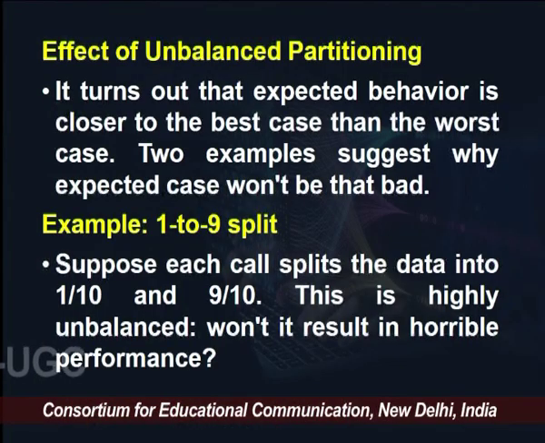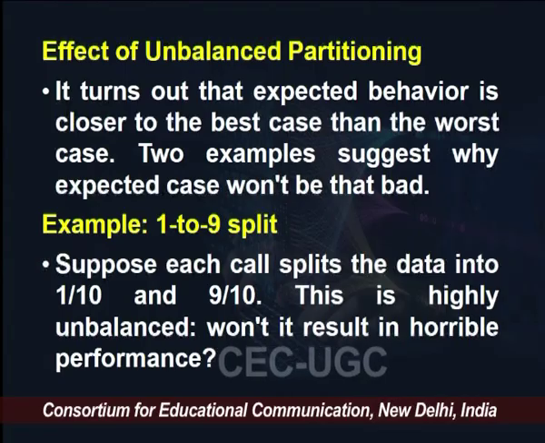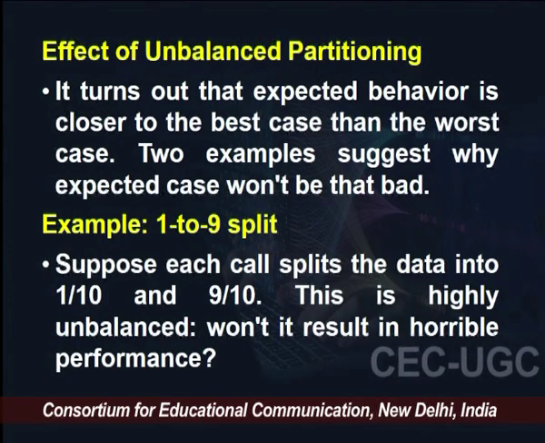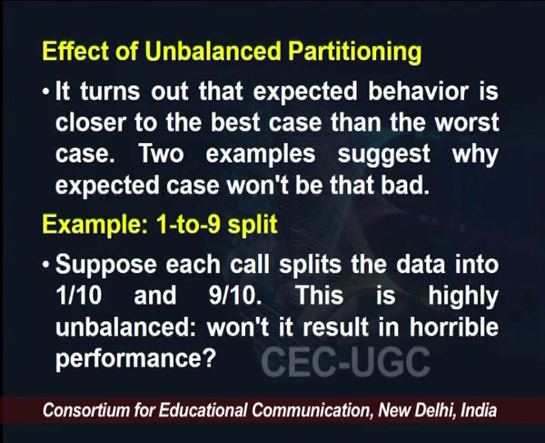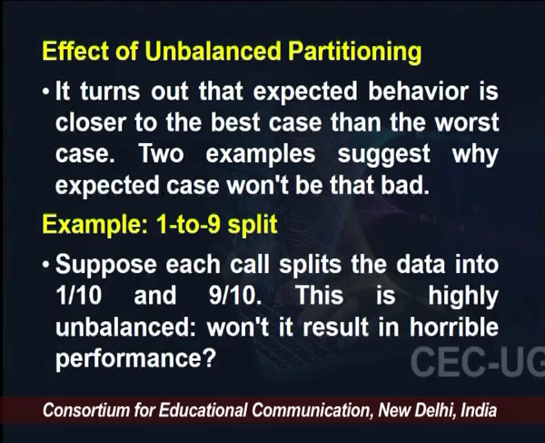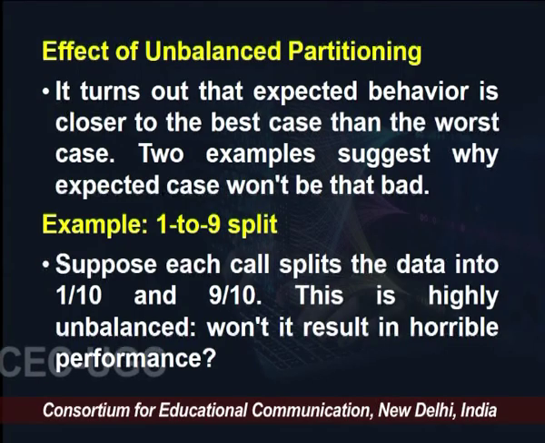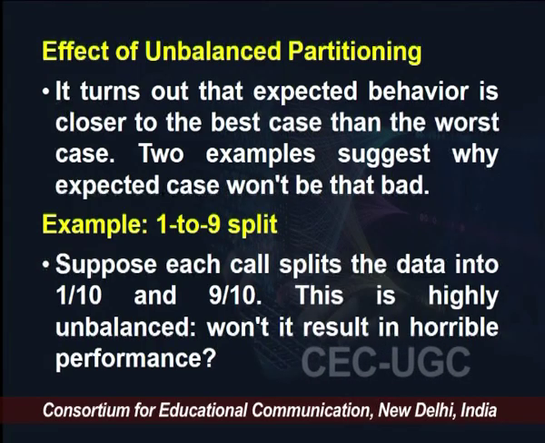For example, when we see the effect of unbalanced partitioning, it turns out that the expected behavior is closer to the best case than the worst case. This is a very important punchline as far as quick sort is concerned. I am repeating it again: it turns out that the expected behavior is closer to the best case rather than to the worst case.